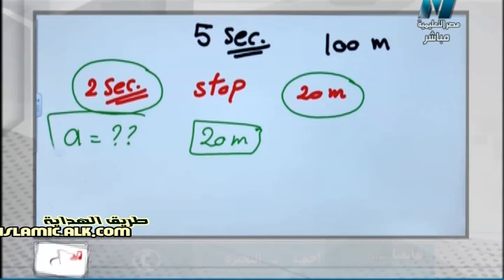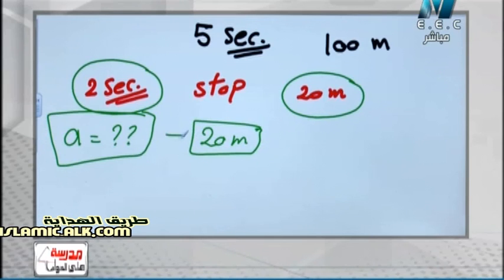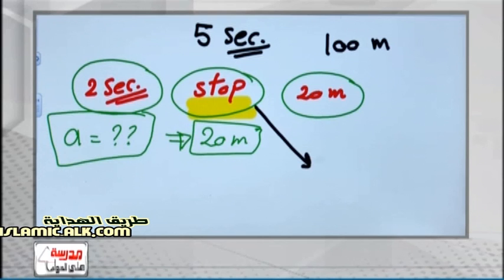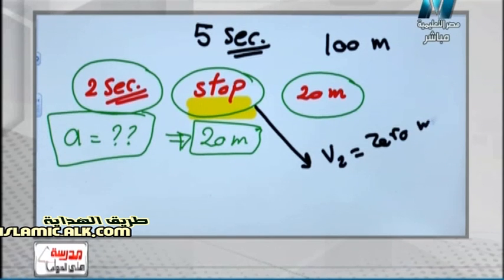We need the acceleration over these 20 meters. Firstly, note that it says stop, so the final speed V2 equals 0 meter per second.